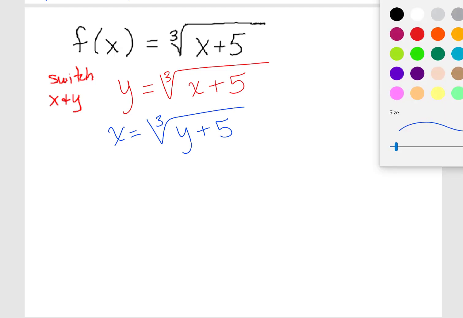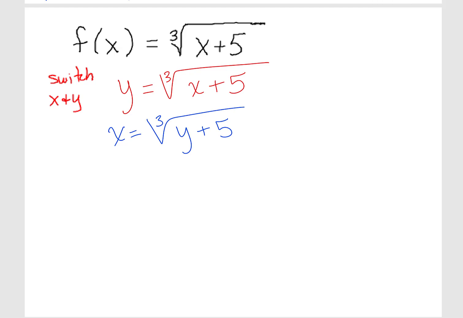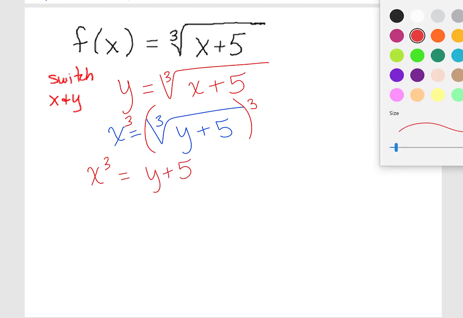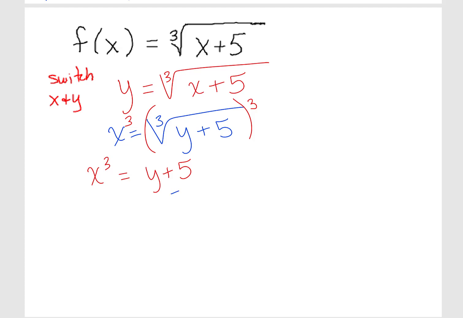Solve for y. So I want to get y from out underneath the radical, right? I can't touch anything underneath that radical until I get rid of the radical. So I'm going to take that entire side and raise it up to the third power. Do the same thing on the other side. That will drop out y plus 5. And then I can subtract 5.